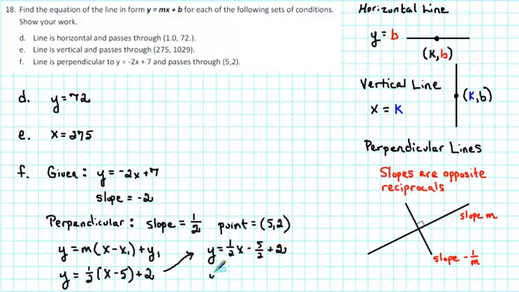And then combine the constant terms. 5/2 is 2/2 plus... so if we have minus 5/2 plus 2, the end result is minus 1/2. So the equation of the perpendicular line is y equals 1/2 x minus 1/2.